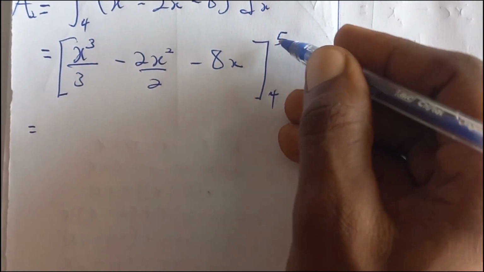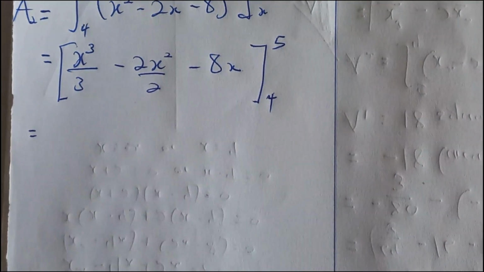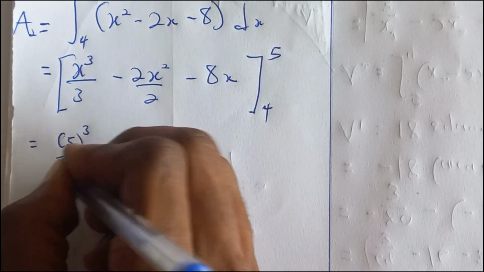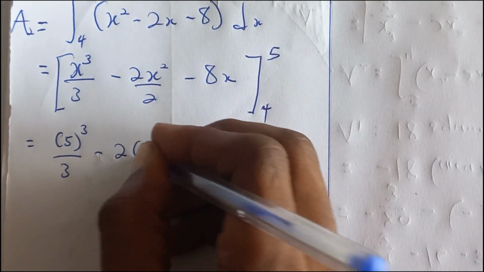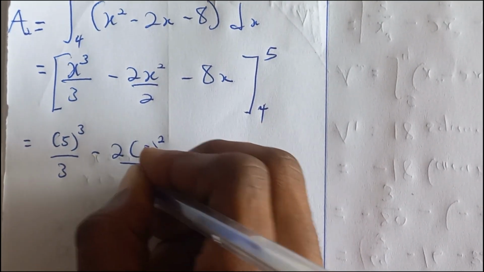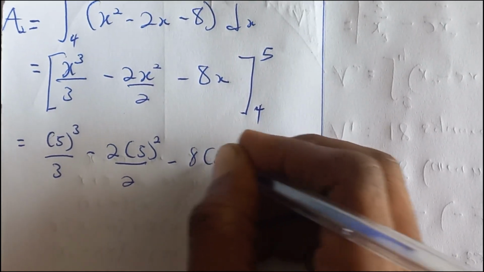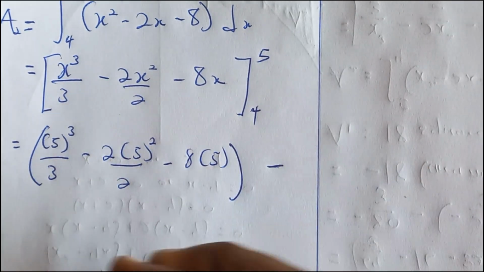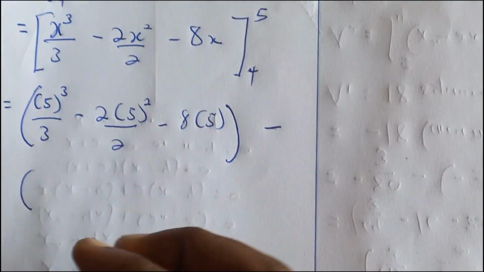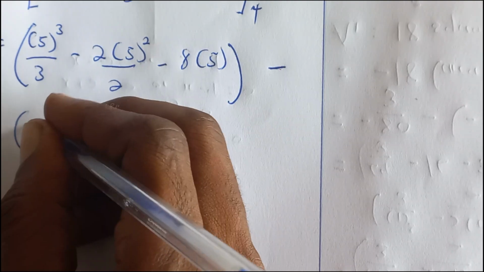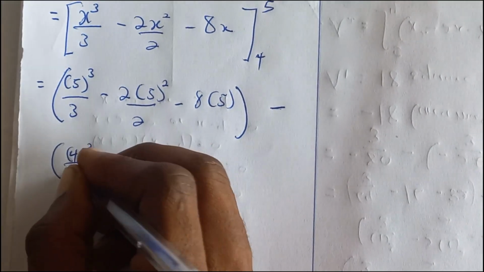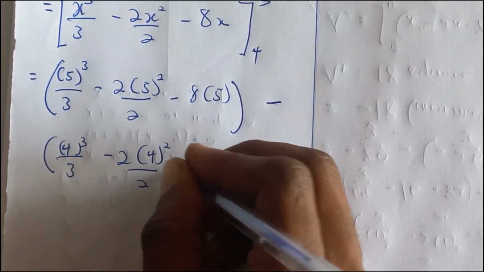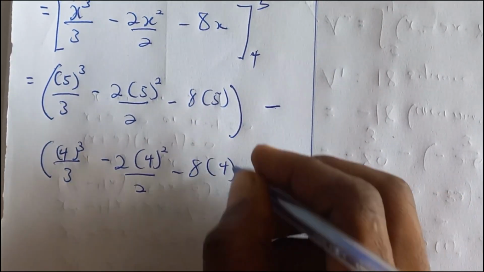So we need to substitute 5 in place of x, okay? So you get 5 cubed on 3 minus 2 into bracket 5 squared on 2 minus 8 bracket 5, minus 4 cubed on 3 minus 2 into bracket 4 squared on 2 minus 8 into bracket 4.